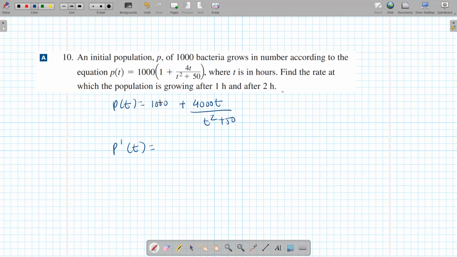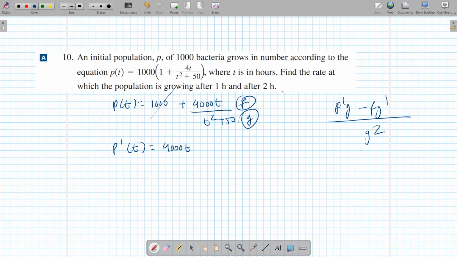Well, the derivative of 1000 is 0, so this one is gone, right? Over here, we're going to use the quotient rule. So 4000t, quotient rule says f prime g minus f g prime over g squared. So if f is 4000t, what's f prime? 4000. You drop the letter, right?